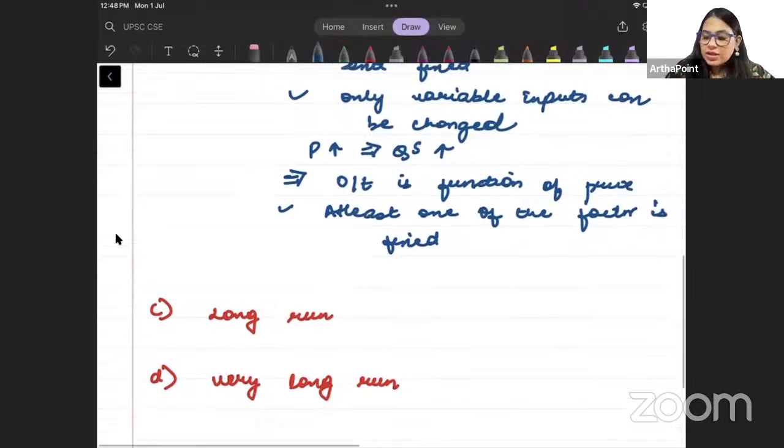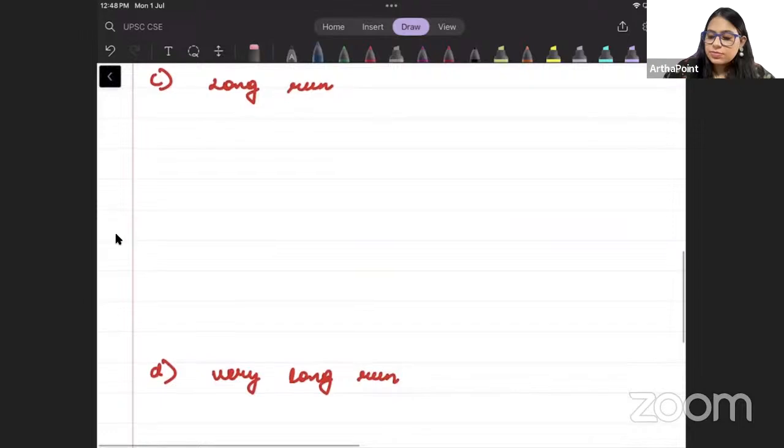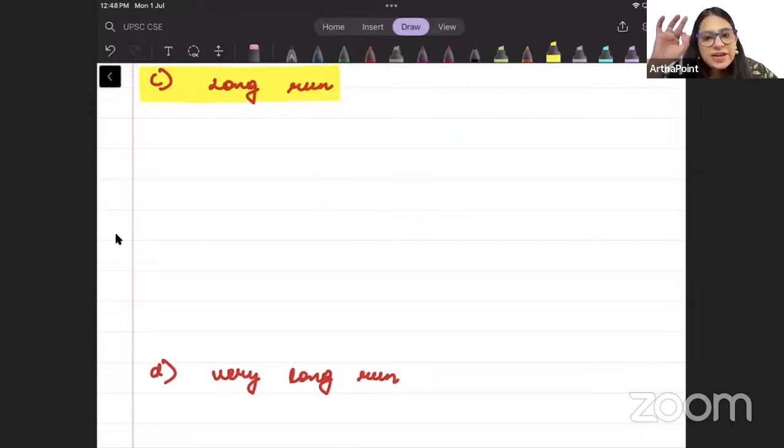ठीक है. Now let's talk about the long run period. In the long run, I can change both labor and capital. So I can increase or decrease my output. But the only thing that I cannot change is technology.